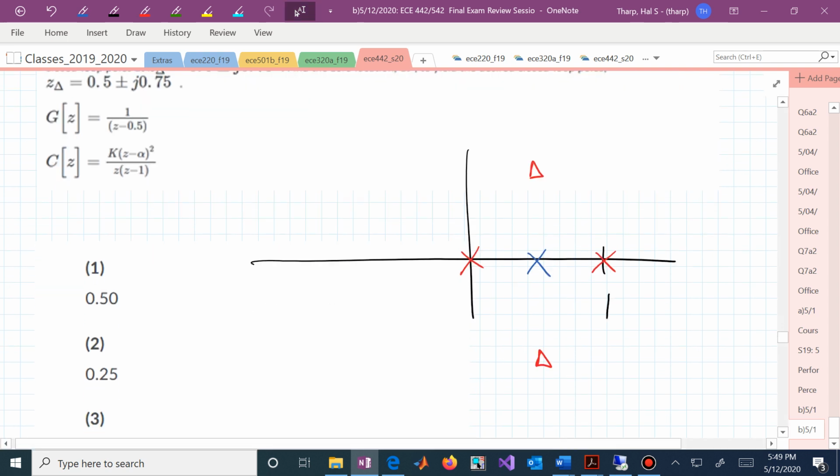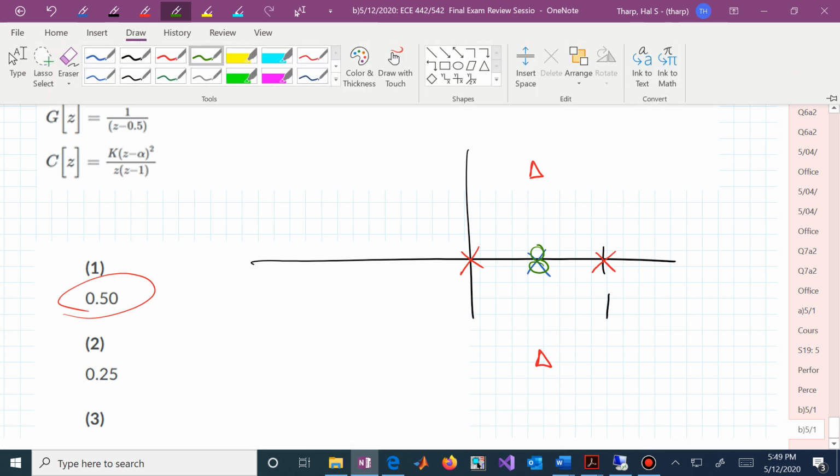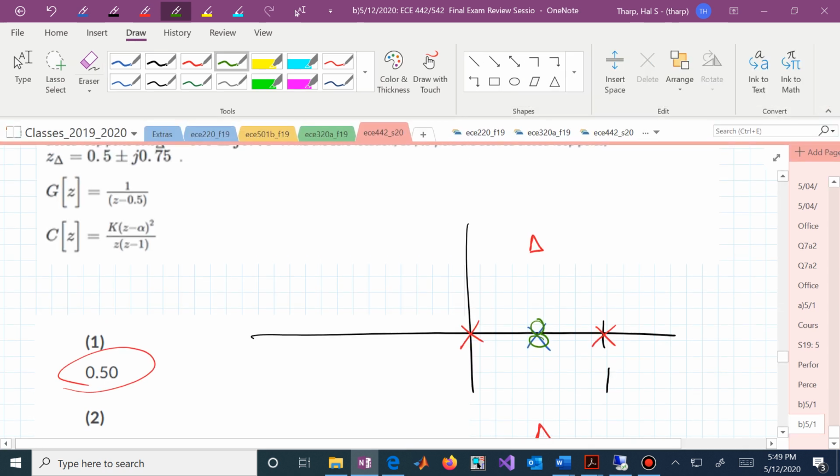We could start looking at these and say, oh, what if I put both zeros at 1/2? Well, if you did that, you would cancel one of those, and then you would have an extra 0 there. So effectively, you would now have a 0 there, and what's the root locus?